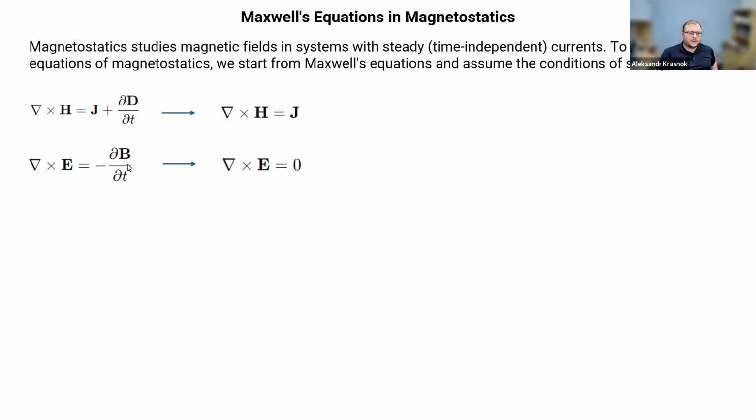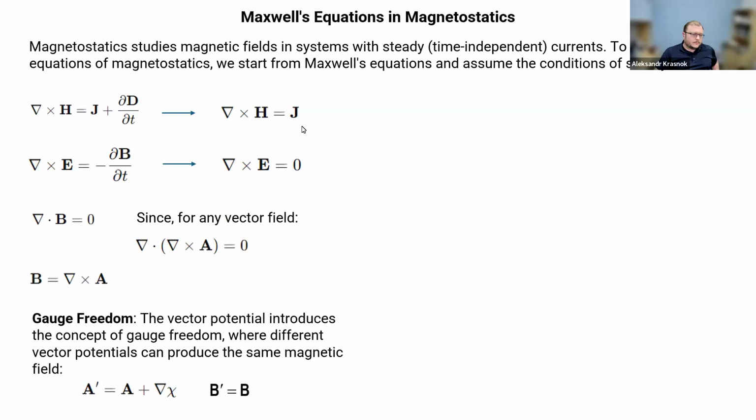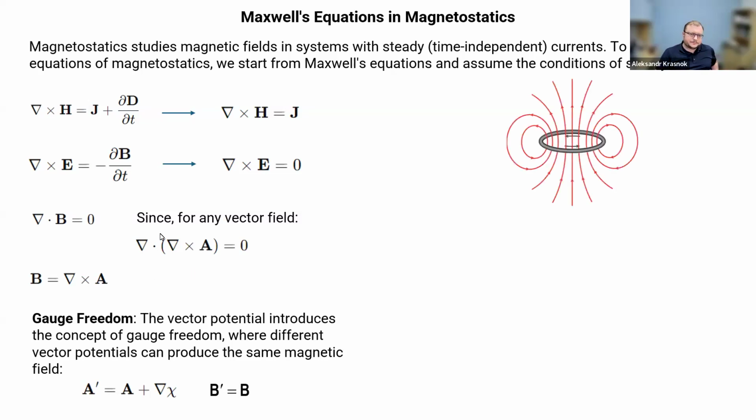Similarly, the magnetic field is assumed not to be time dependent, so Faraday's law gets this simple form: curl of the electric field equal to zero, and curl of the magnetic field simply equal to the current. We also introduced the concept of the vector potential A.